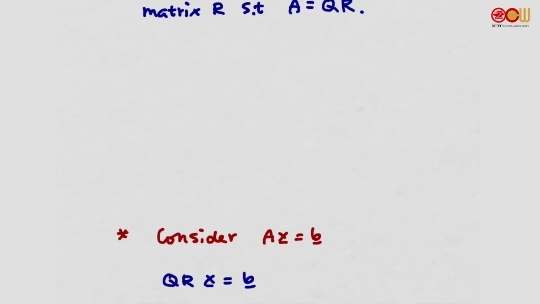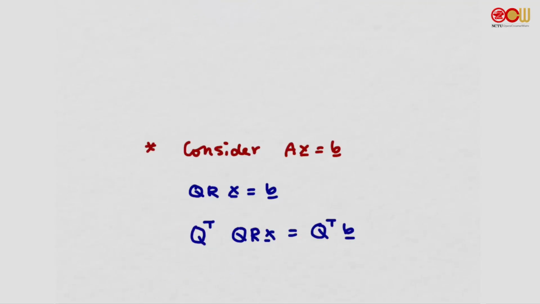We mentioned earlier that we can use QR factorization to solve a system of linear equations. Now let's do that. Let's consider the system of linear equations Ax equal to b, and so we have QRx equal to b, where we have used a QR factorization of A. Let's multiply both sides by Q transpose.